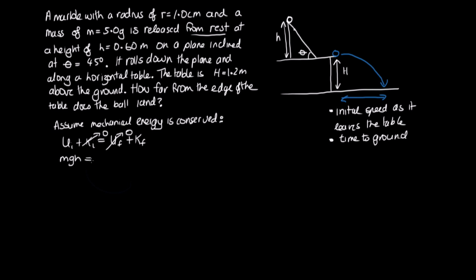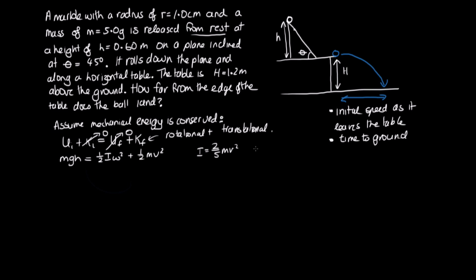At the bottom of the slope, it's got two types of kinetic energy. It's got the rotational, plus it's also got translational. So we've got a half I omega squared, and then we've also got a half mv squared. Now it is a sphere because it's a marble, so we have that I for a sphere is equal to 2/5 mr squared.